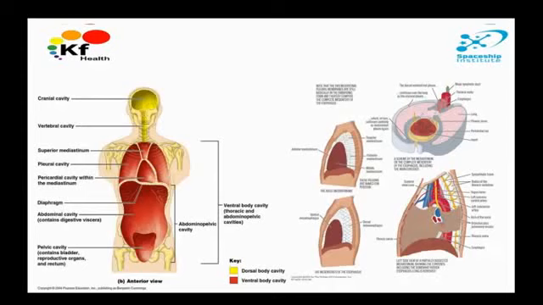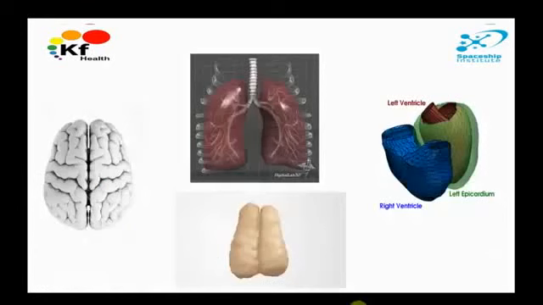Okay. And then we go to the next slide. In the next slide, it's important to make a comparison between the shape of the brain, the shape of the lung, the shape of the heart, and the shape of the thymus. As you see, all of them contain 2 parts, left and right.